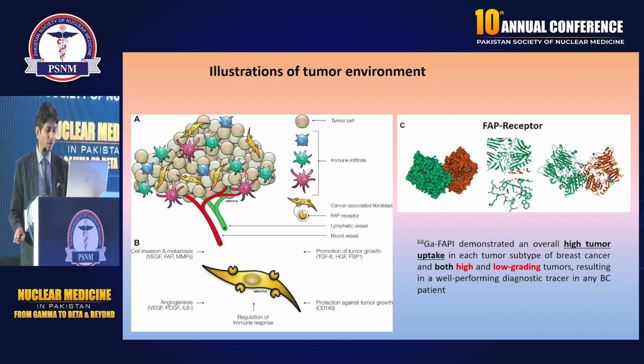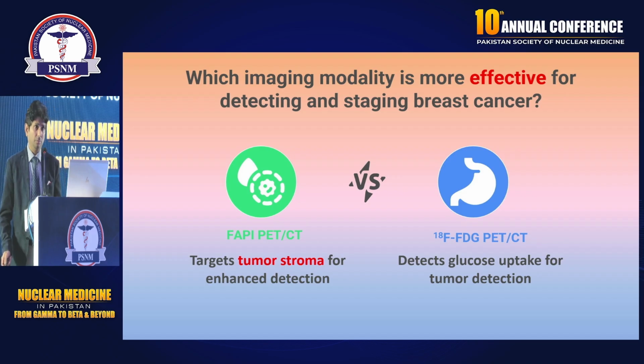Lobular breast cancer is one of those tumors. So the question is, which modality is more effective in breast cancer, FAPI or FDG? This is not a fair comparison. You are comparing oranges with mangoes, because the way of looking at the tumor is different.